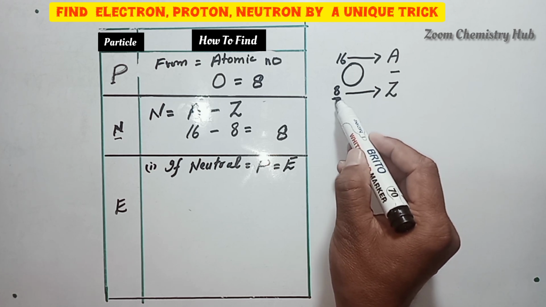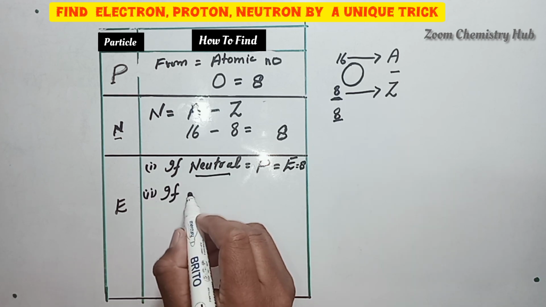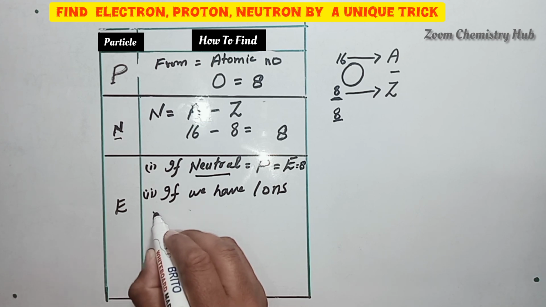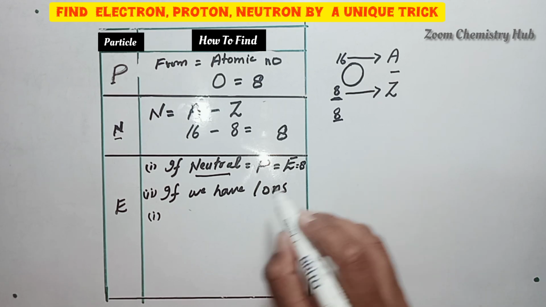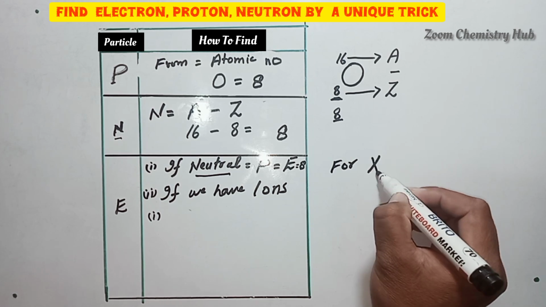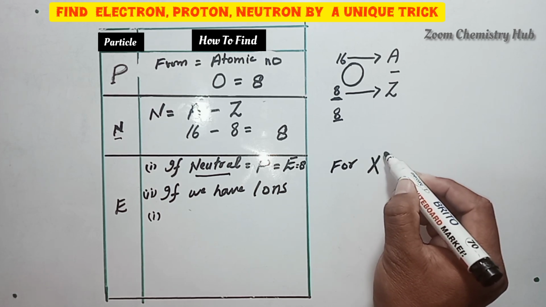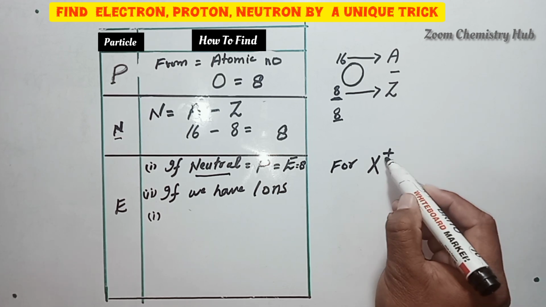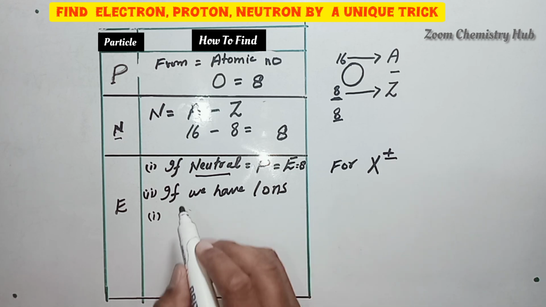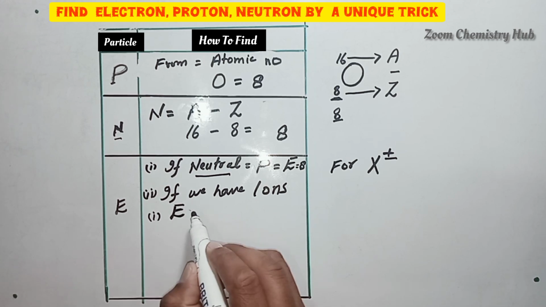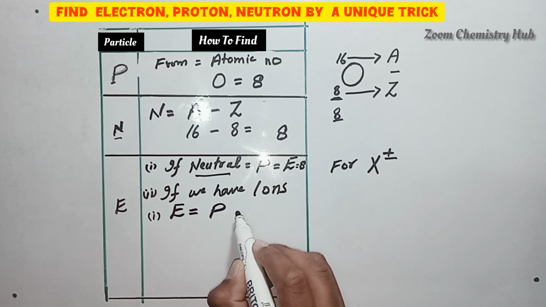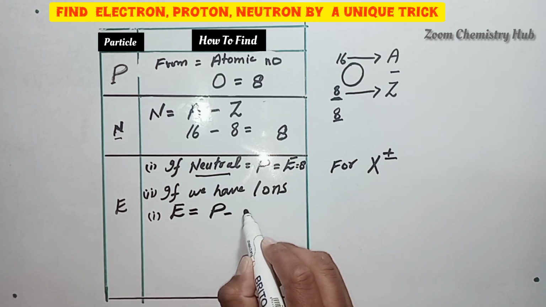So automatically the number of electron is 8. If we have ions, then there are two conditions. First, for positive ion, if we have an element X and it carries positive charge, for positive charge we have a formula, that is number of electron is equal to proton minus positive charge.